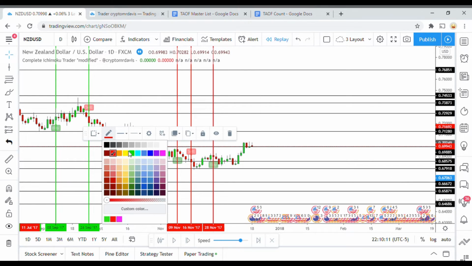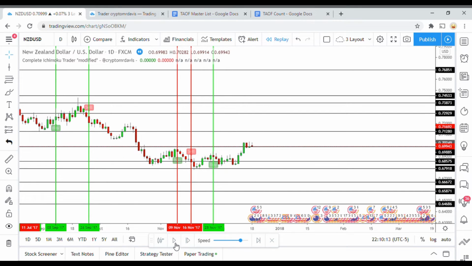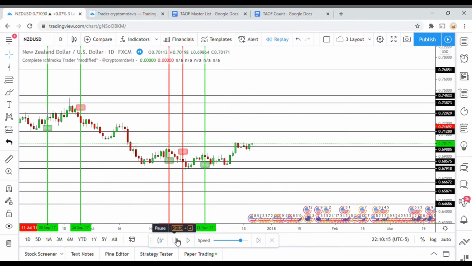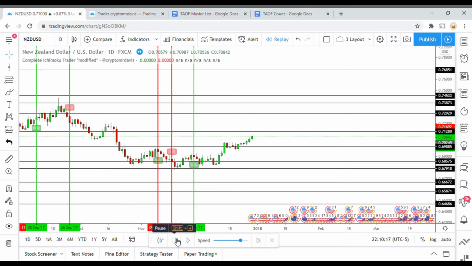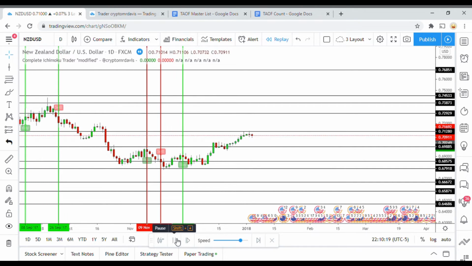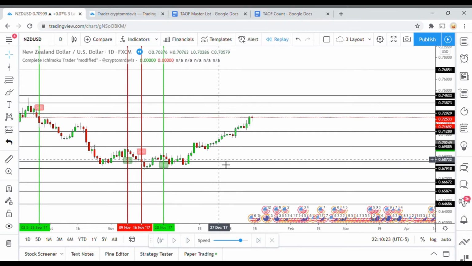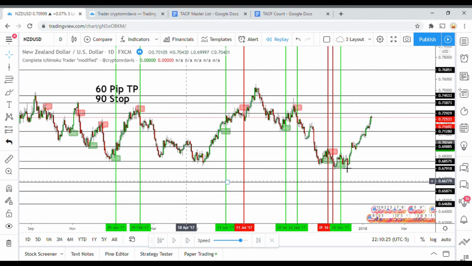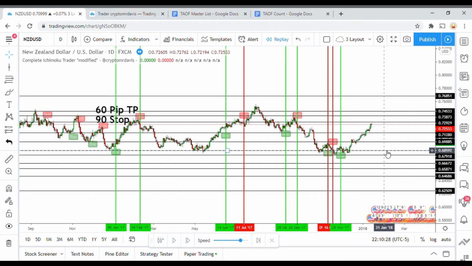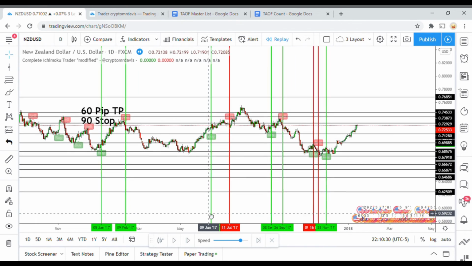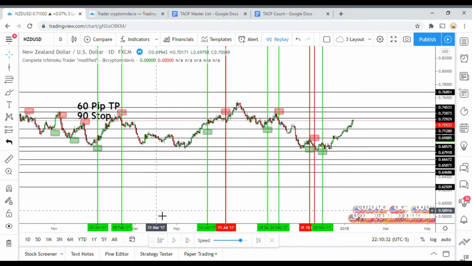It looked like it may have turned out to be more, but no, it didn't do too bad right there. It just took two small losses there, small little blips on the screen. All right, so there we have it. So that's what we're looking at.